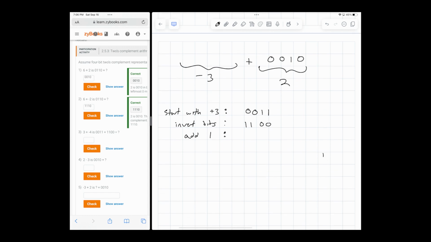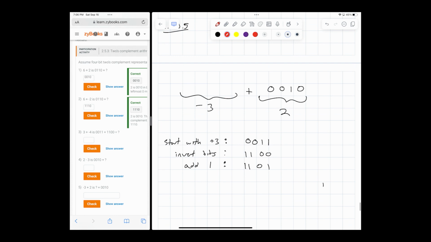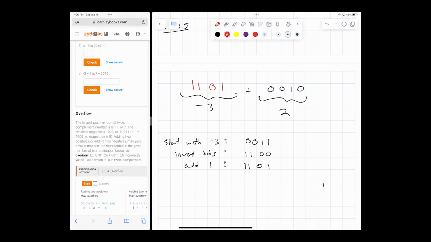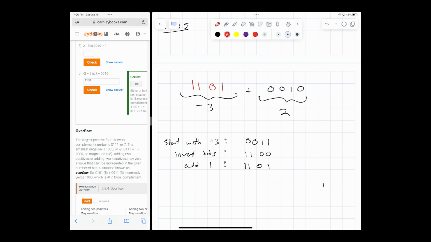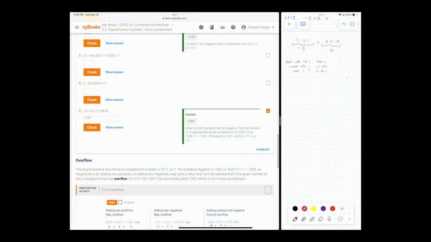So we have, well, actually, we don't have to. 1, 1, 0, 1. There's no carrying or anything, so I'm just going to write it. And then there you go. So then that would be what minus 3 is. Okay, so yeah.